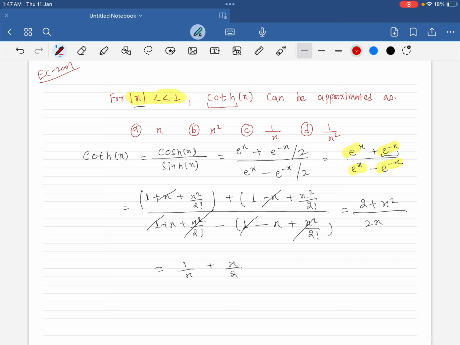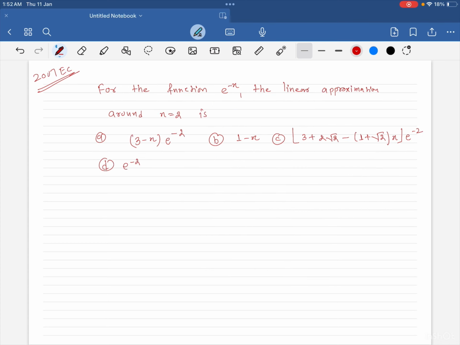Again you see that this x is very less, so this quantity is going to be less, and we can say that the approximate value of this would be 1 divided by x. So the option C is correct.